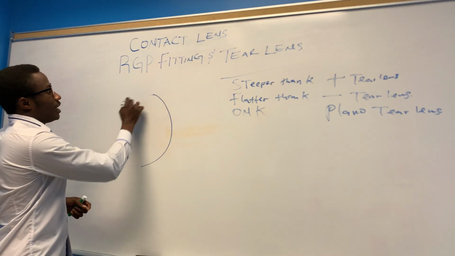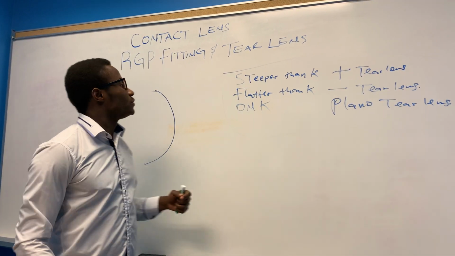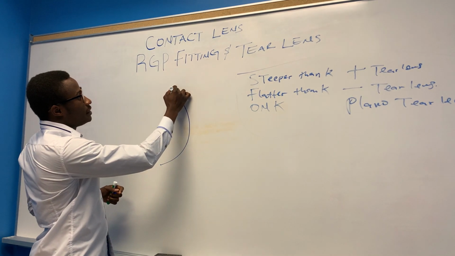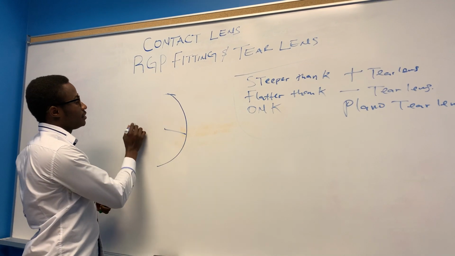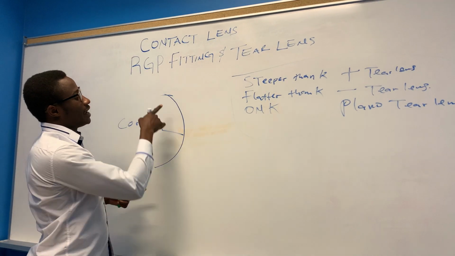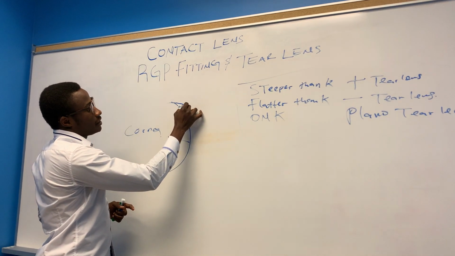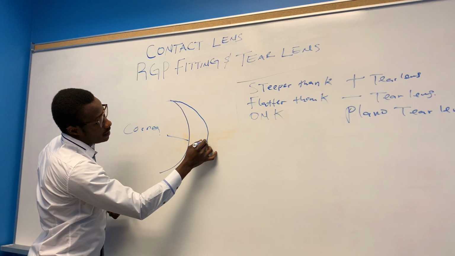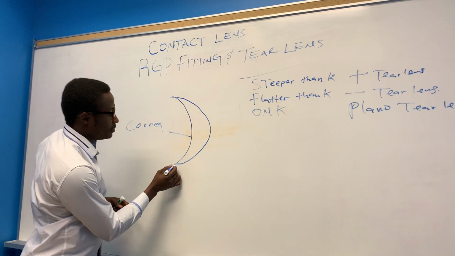Then I want to demonstrate an RGP lens that is being fitted steeper than K. Remember, this is my cornea here. Then I want to fit an RGP lens that is steeper than K. So you can see that my RGP lens here is very steep. Now this is my limbus.